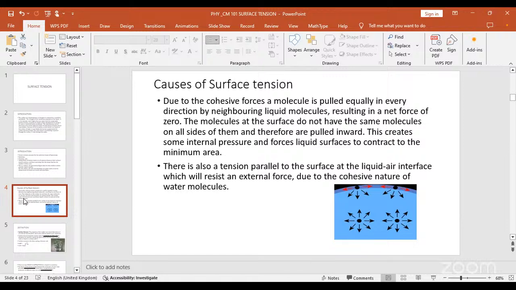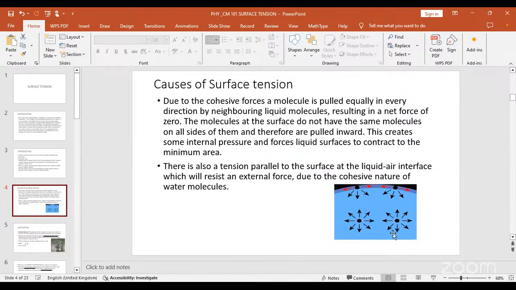If you were to consider this figure here, let's look at the two molecules at the middle part. The two molecules at the middle part have equal forces of attraction spread out across all the regions.